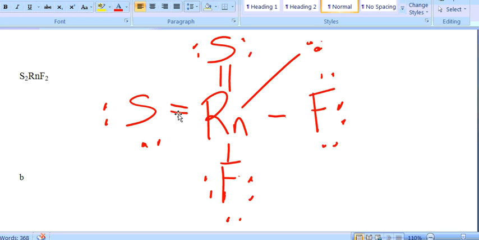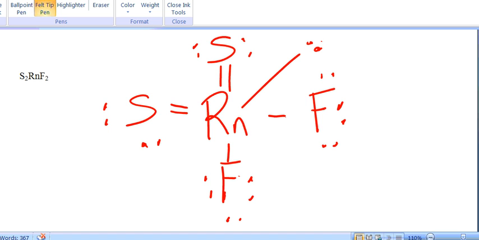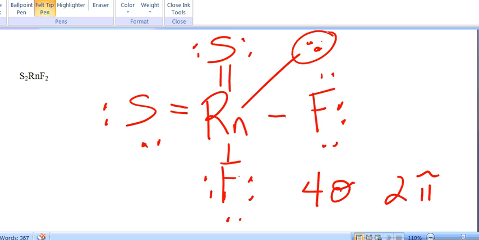Sigma and pi bonds, we have 4 sigma bonds, because we have 2 single bonds and 2 double bonds, so we have 4 sigma bonds plus 2 pi bonds. Again, remember, lone pairs don't share, so we don't have any sigma or pi for a lone pair.